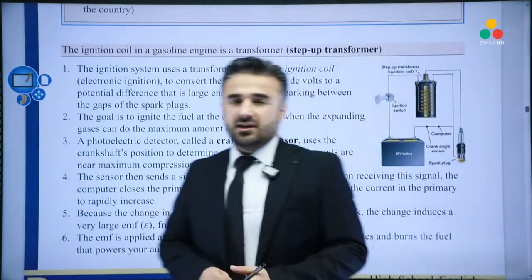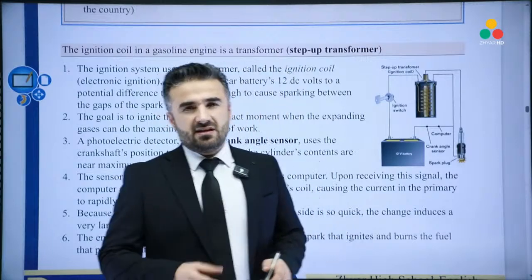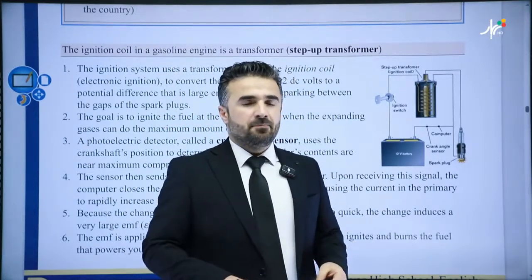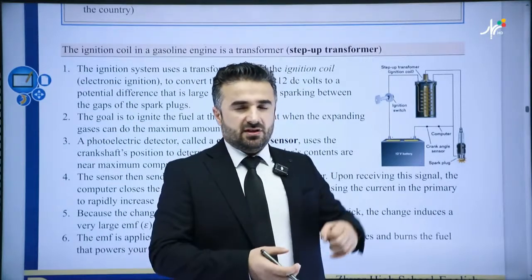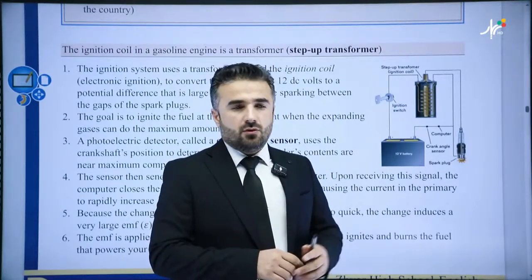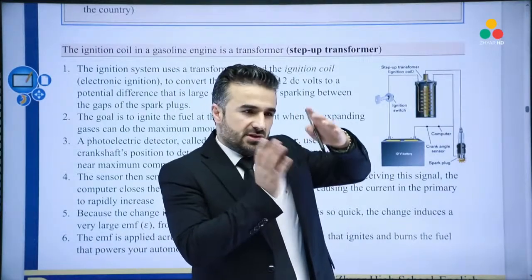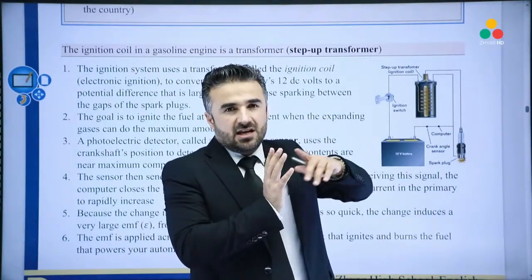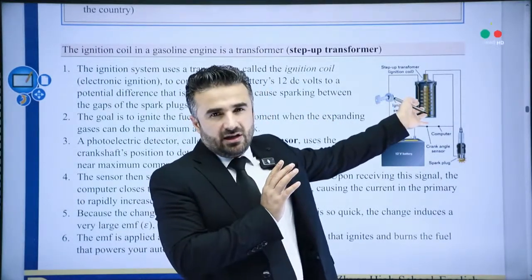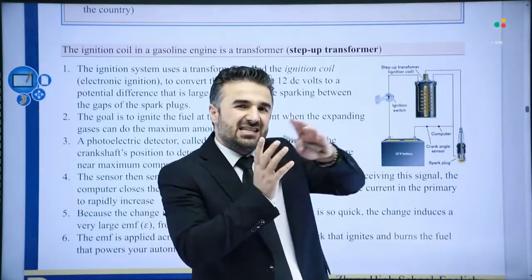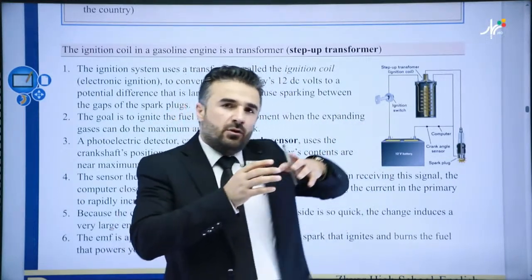Normally we have the engine of a car, and this gas is spread in between the piston, of course there is a piston here. So this gas will be spread, and when the pistons move up, there is a high pressure on the gas, then the spark plug has to produce a spark so that the fuel will ignite.